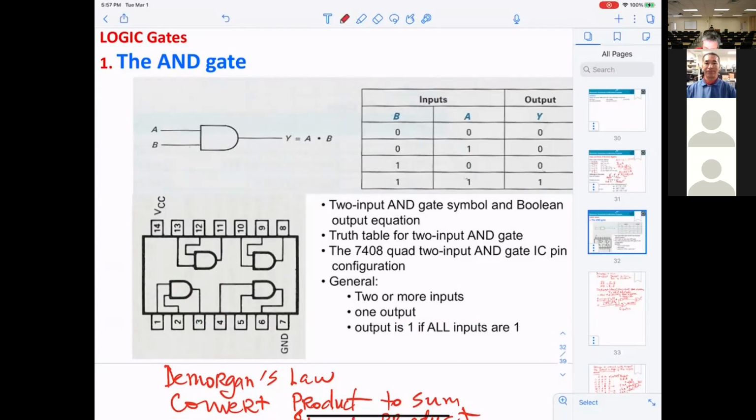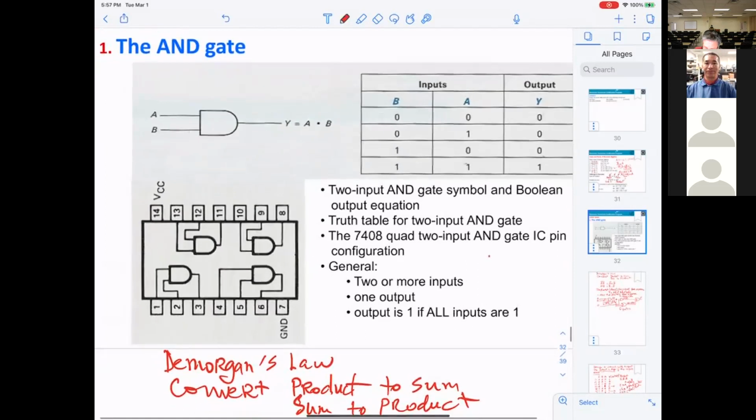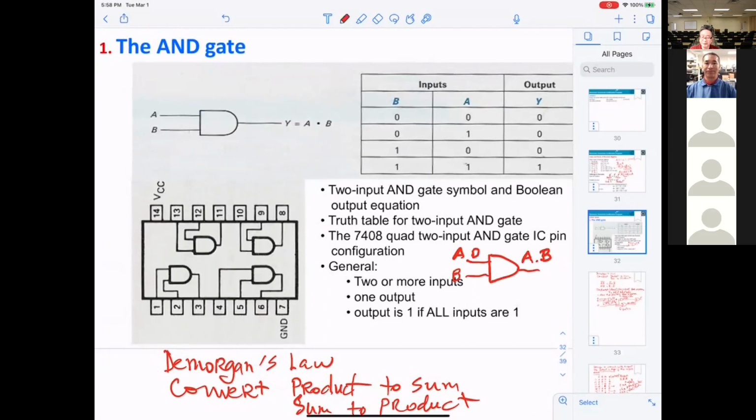Now, you can see I can draw an AND gate here. Inputs A and B, the output will be A and B. So if I say A equals 0, what is the output? 0.